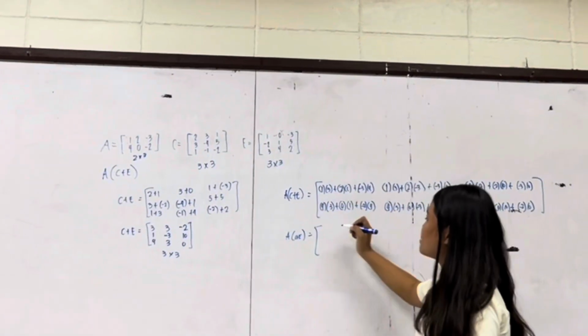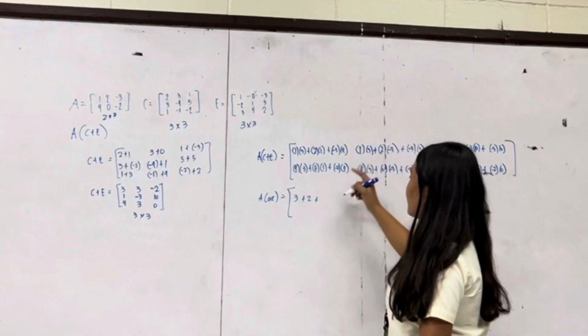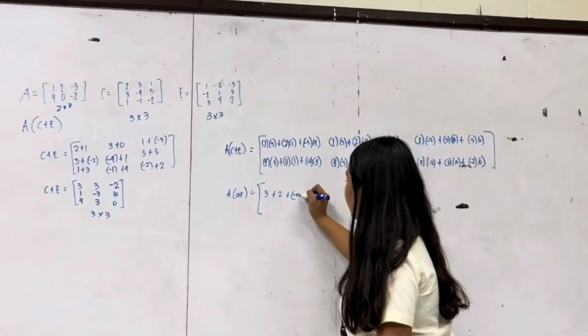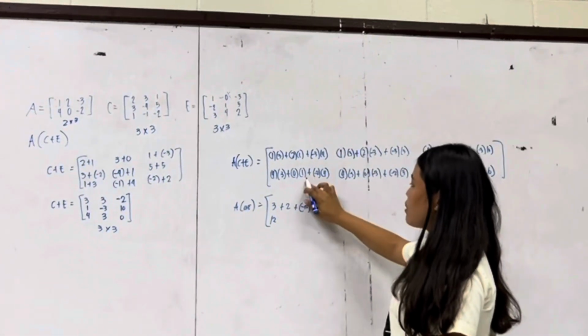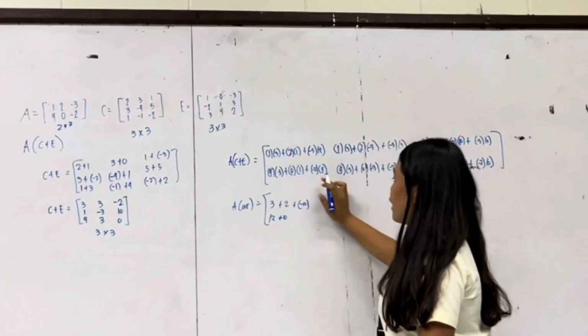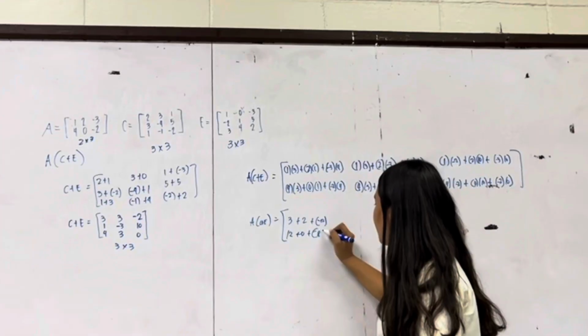So 1 times 3 is 3 plus 2 times 1 is 2 and negative 3 times 4 is negative 12. Then 4 times 3 is 12, 0 times 1 is 0 and negative 2 times 4 is negative 8.